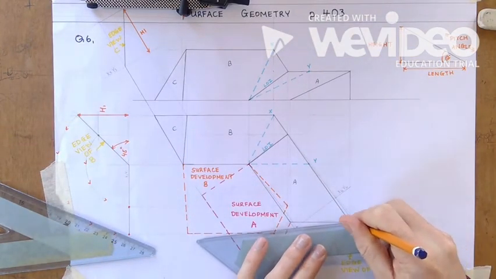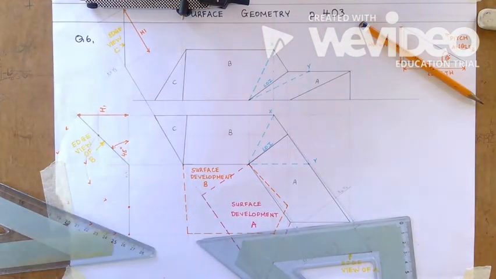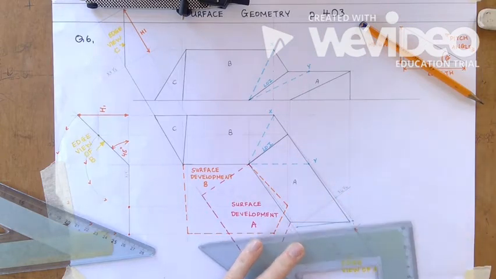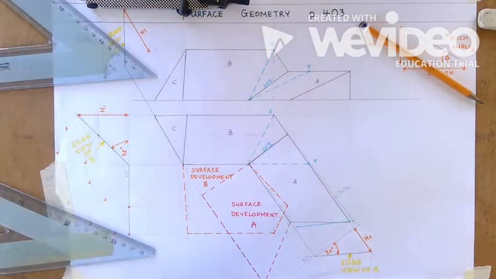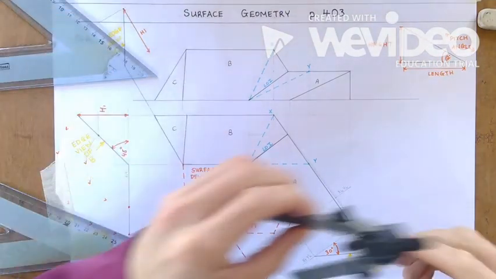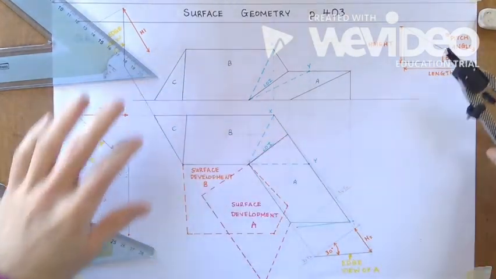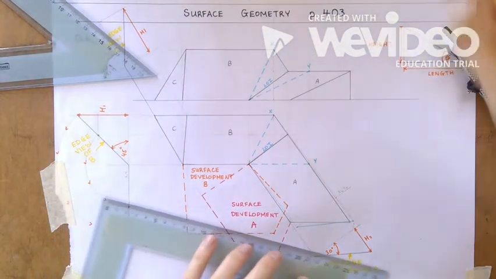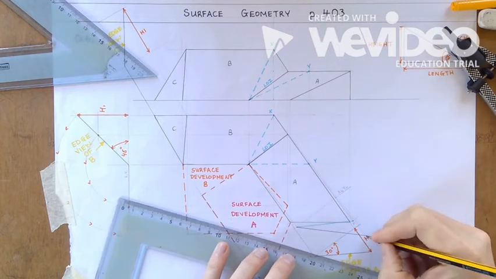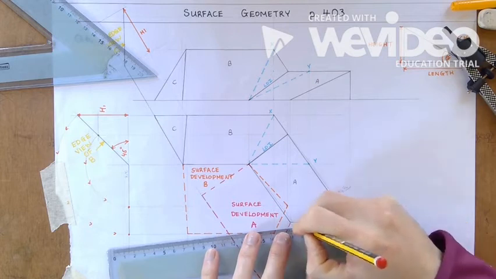So I'm going to join them up now to show the true length of my line of intersection. And then I need to get the X. So I've projected out X, get my compass and mark off that height of X. So X goes down to this point, and then Y, which is already there, goes down to there.